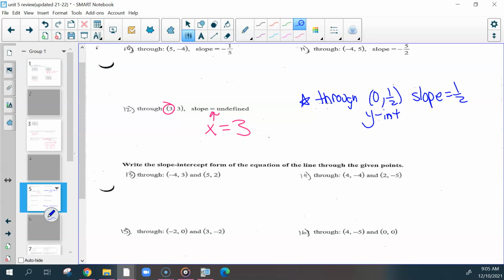Don't make more work for yourself when they give you information. So this would be the equation y equals 1/2 x plus 1/2. The next one is going to be 13.